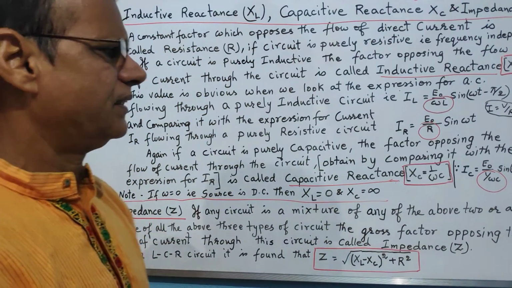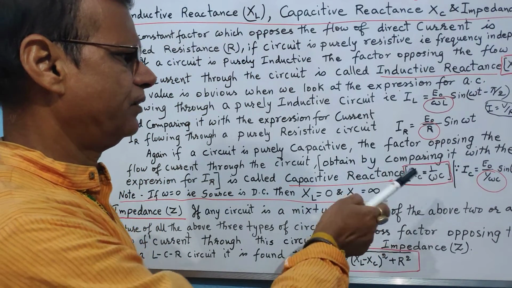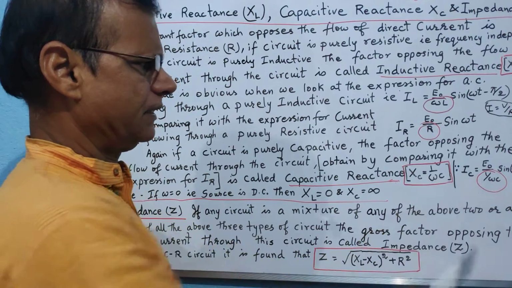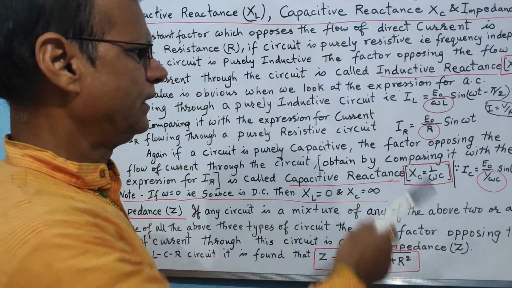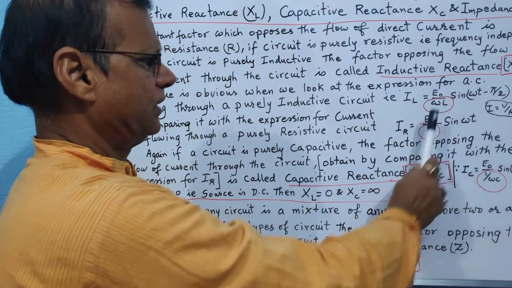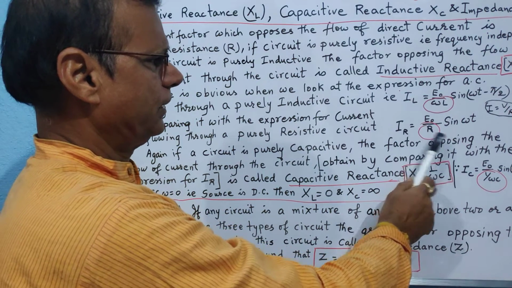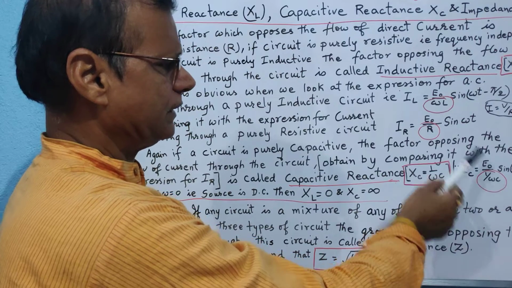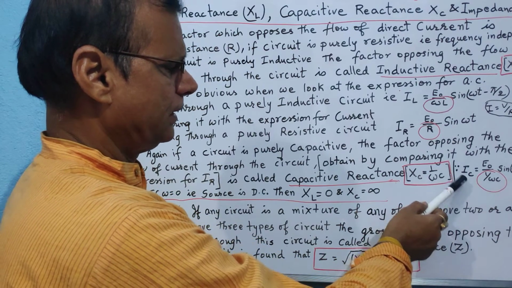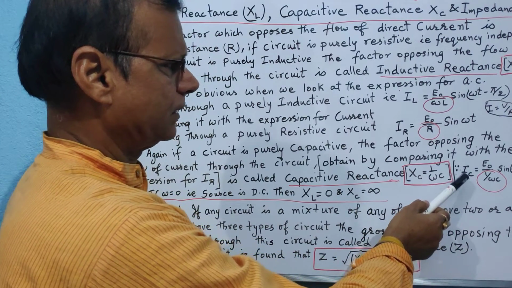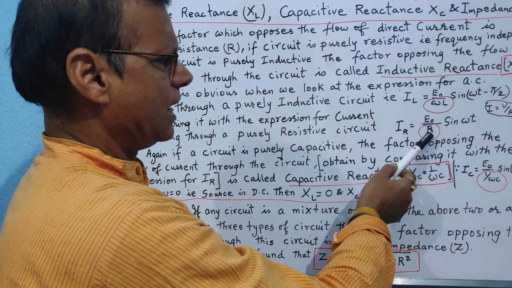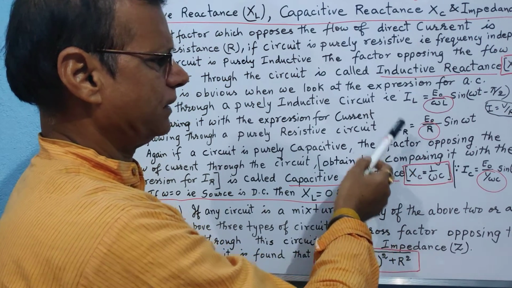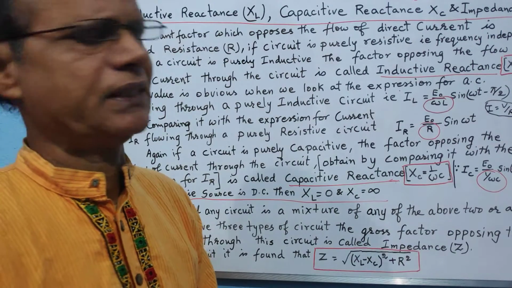Now in the same fashion, if we compare the expression for capacitive current with the expression for resistive current, you see that 1 by omega C stands in the same place where R is placed in the expression for a purely resistive circuit.